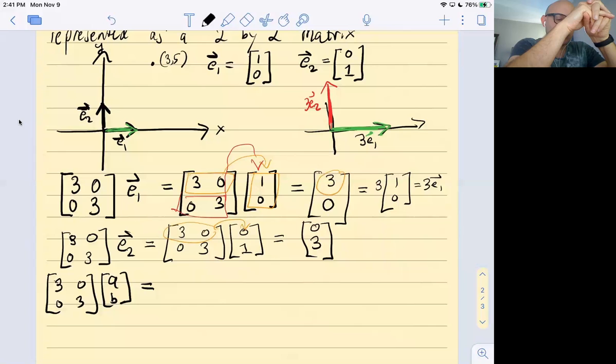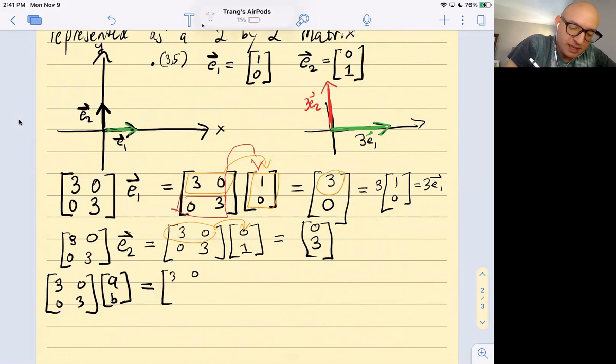When you do the first 3 into the first spot, you get 3A, and the second 3 in the second spot, you get 3B. And another way you could have seen that is to break up AB, which really represents moving to the right by A steps and moving up by B steps.